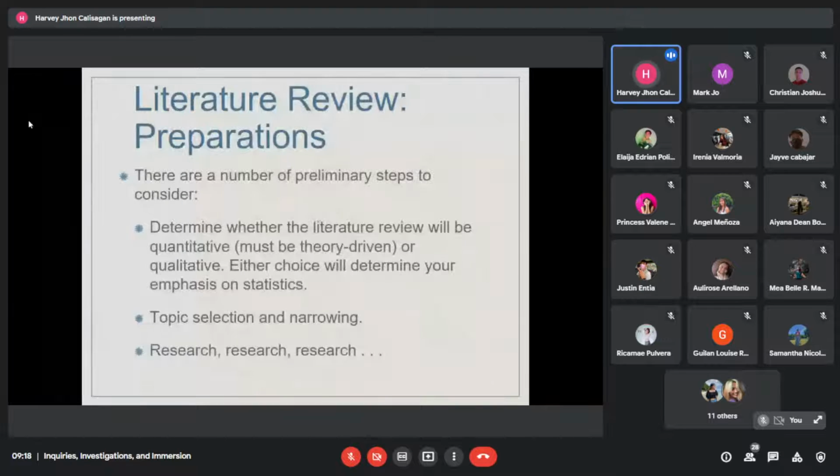And if the article that you researched is the same kind of study as yours, it could be an advantage on your part, because it means that the research you're doing is legit. It is doable.